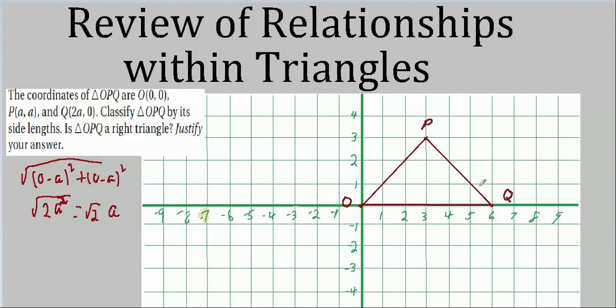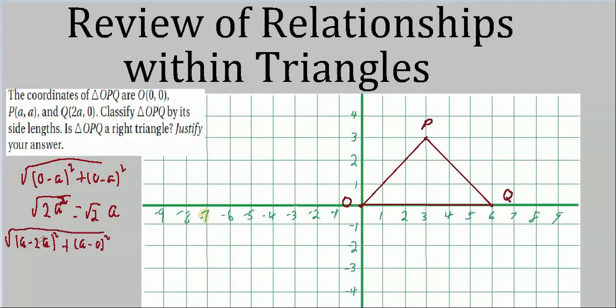What about this one here? How's that going to work? Now let's use P. We'll treat that one like P2, so we'll have A minus 2A for our change in x-coordinate, and A minus 0 for the change in the y-coordinates.